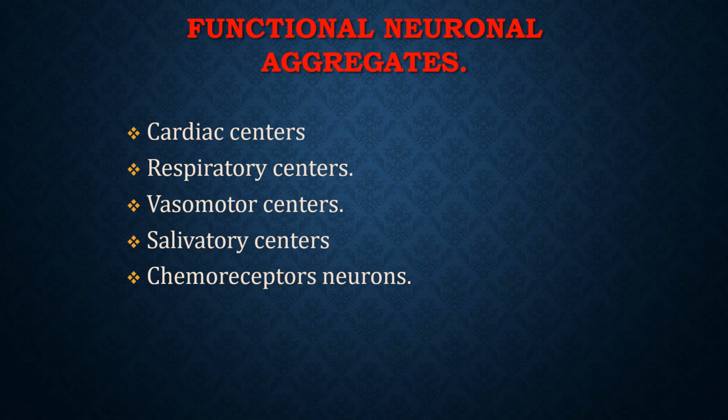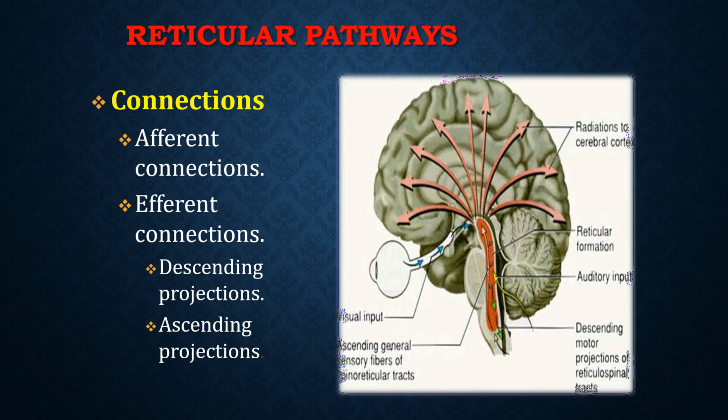Chemoreceptors are receptors that sense chemical changes, that is oxygen, H plus and carbon dioxide levels in the blood. So these centers are present in the reticular formation, and then the pathways, that is the connections, afferent and efferent. In efferent we have again descending projection and ascending projection.